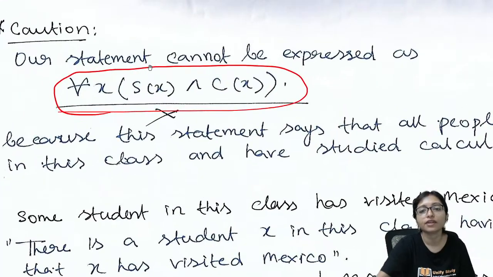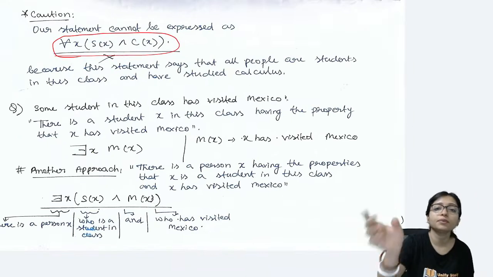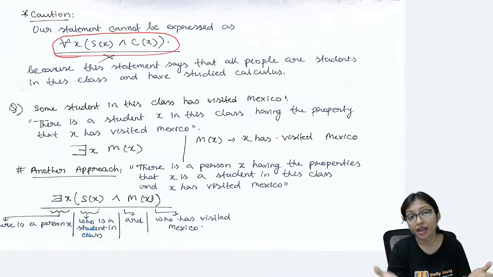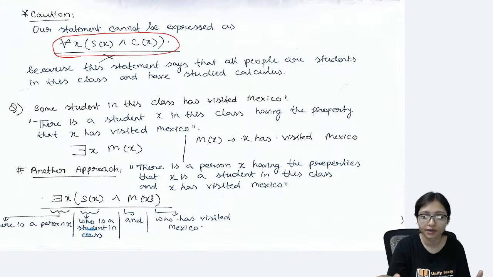Remember that always with the for all, "and" will not come. The meaning changes because the statement would then say that all people are students and they studied calculus. With the for all, there will always be implication and not "and".